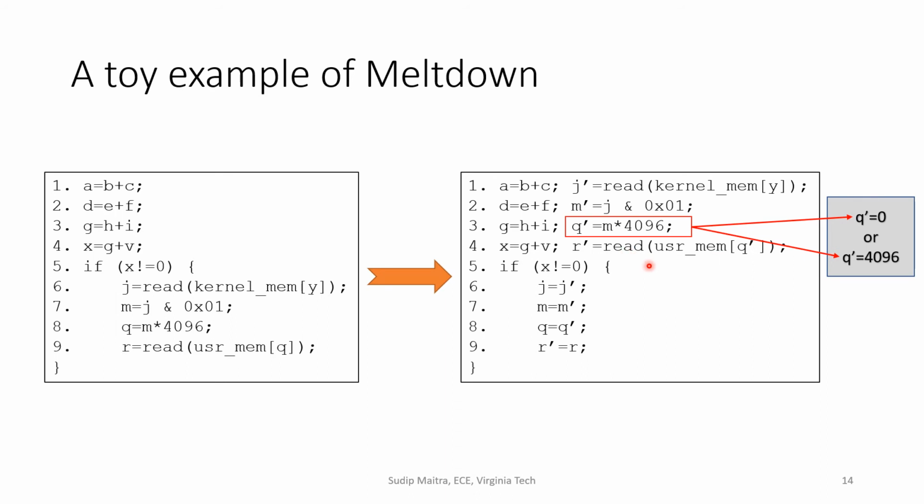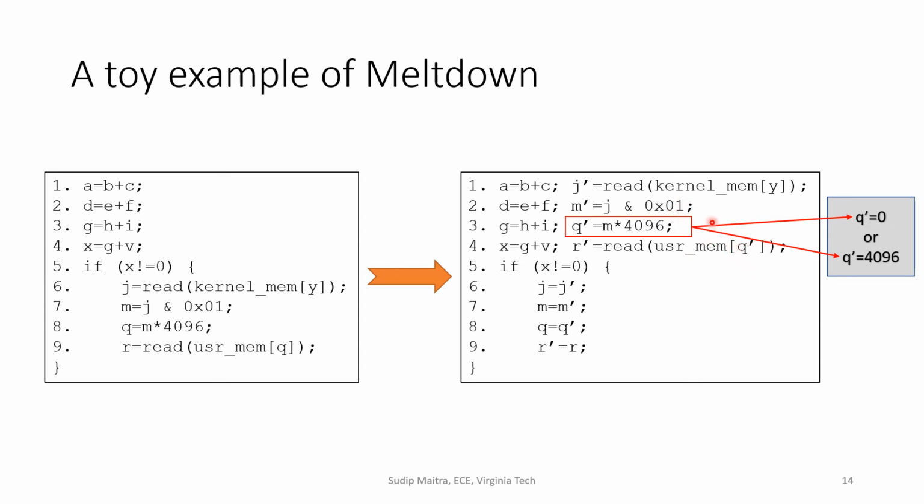Now, an attacker can measure the time to access location 0 and 4096. Whichever one is faster, the attacker knows that one was indeed cached.